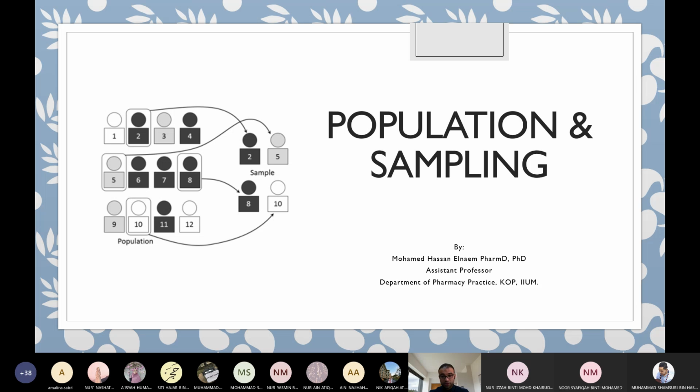Most of the time we have a population, a bigger frame, and we want to take a sample from this population. There are so many different techniques or methods to do this sampling, and according to each method there can be a relevant advantage or disadvantage.